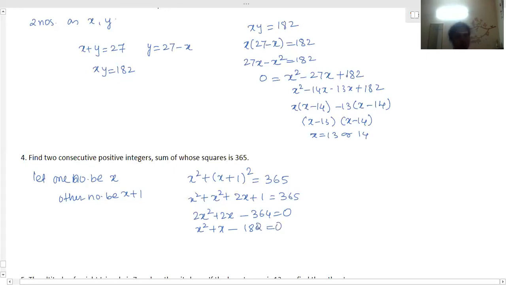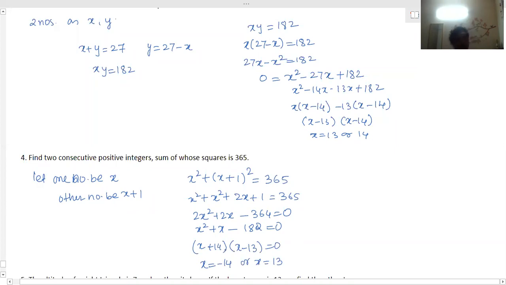Just now we have calculated 182's factors are 14 and 13. The larger number should have the middle term sign, positive. So x plus 14 and x minus 13 is equal to 0. So x is equal to minus 14 or x is equal to 13.